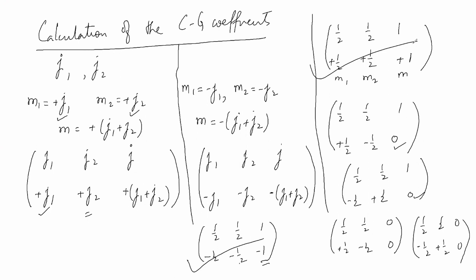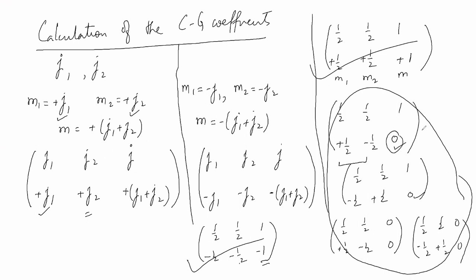One. Okay. While for all the other cases which I have written over here, the value will not be equal to 1, because they don't deal with the maximum possible value of m. The maximum possible value of m was +1 and the minimum value was -1.